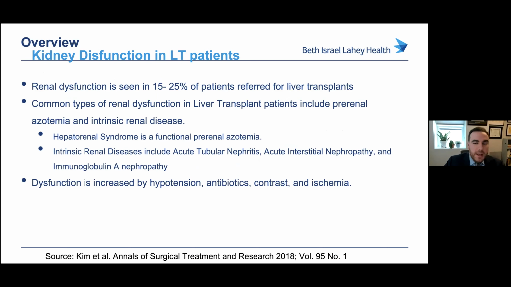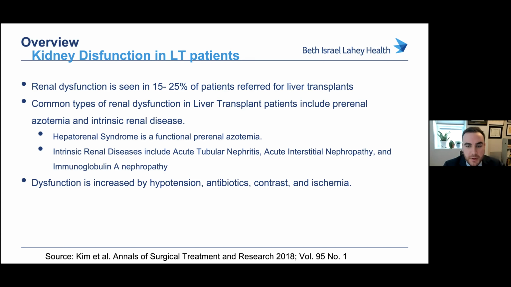So kidney dysfunction in liver transplant patients, the incidence is increasing with time as NASH becomes more of an issue that we deal with in liver transplant surgery. And renal dysfunction is seen in 15 to 25% of patients referred for liver transplants.